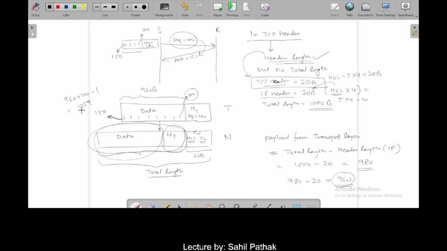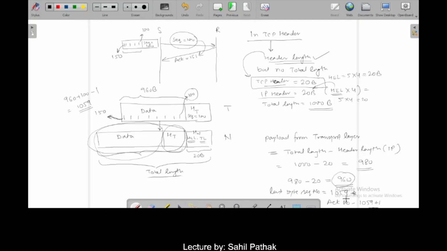Okay, that is the last byte sequence number I got, 1059. Hence the acknowledgement number we can calculate by adding plus 1. Okay, so the acknowledgement number can be 1059 plus 1, that is 1060. So that would be the acknowledgement number in this given example. Okay, so this is how the acknowledgement number is going to be calculated.